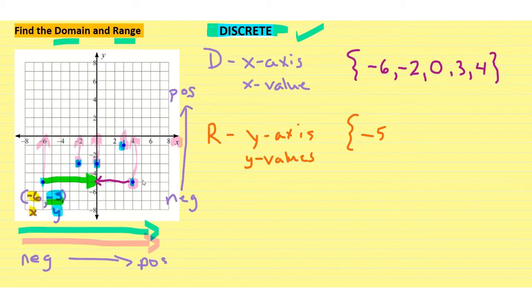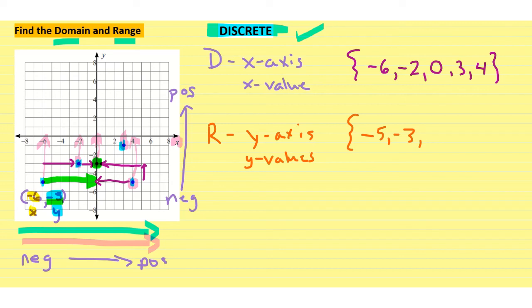But let's keep going up a little bit, and we see that we have points right here. We have two of them, again two points that are lining up with the same exact y value. That y value is at -3. So that will be our next range value, -3.